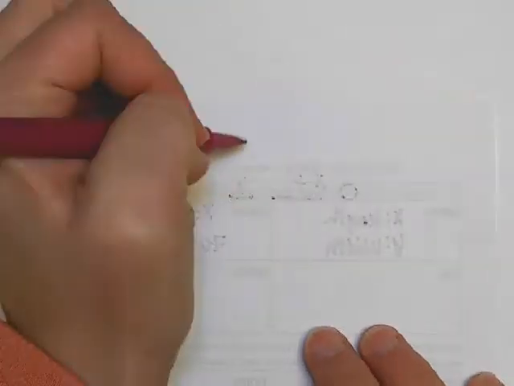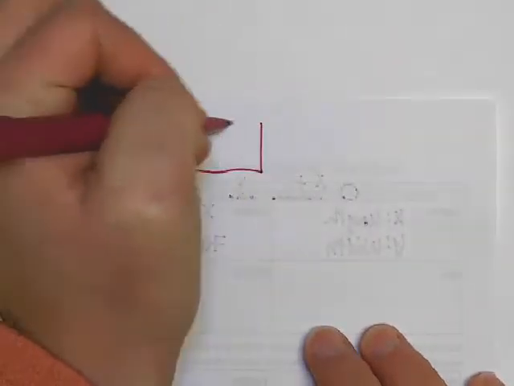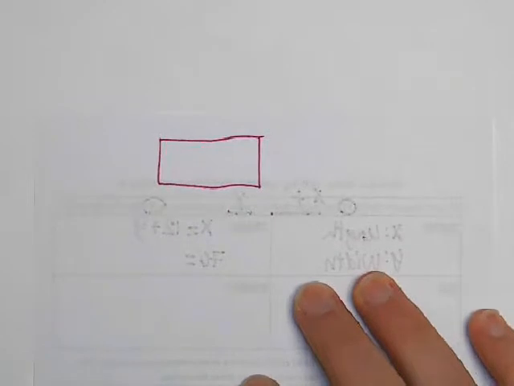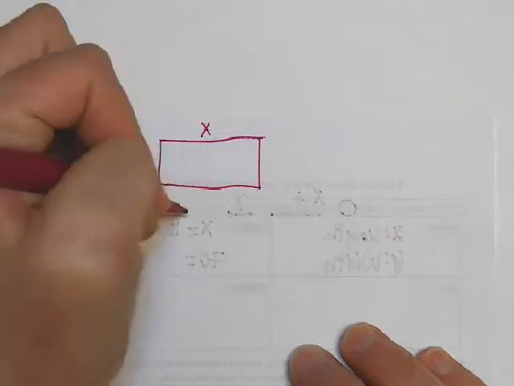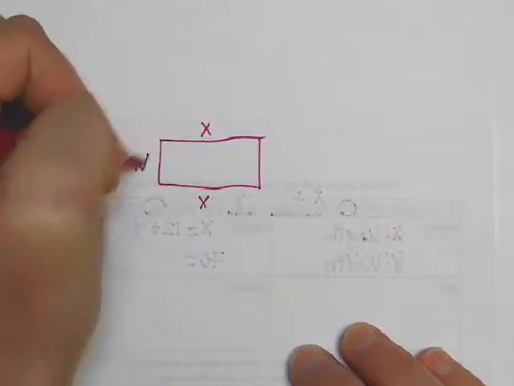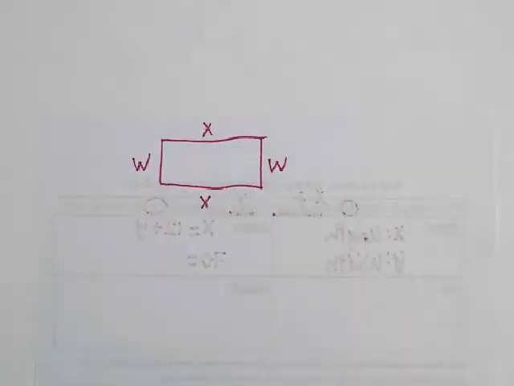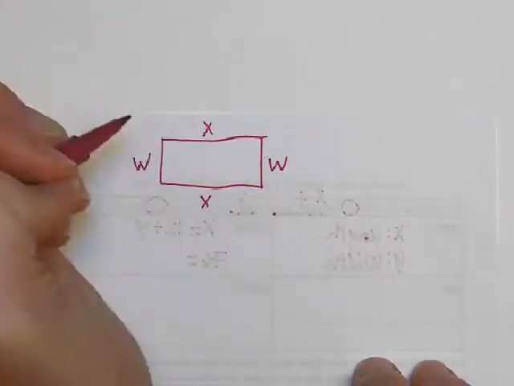So perimeter, here's my rectangle. What's perimeter mean? You add all the sides. So here's my length. Here's my width. And how do I find the perimeter? Oh, sorry, they should be y's.